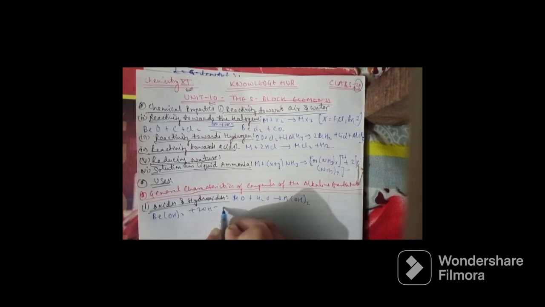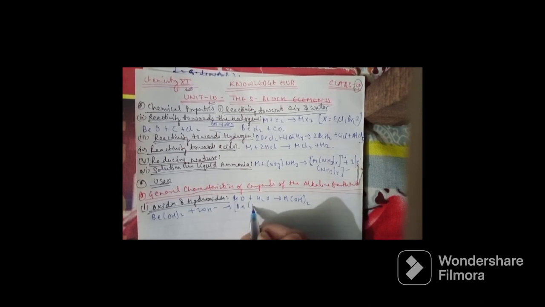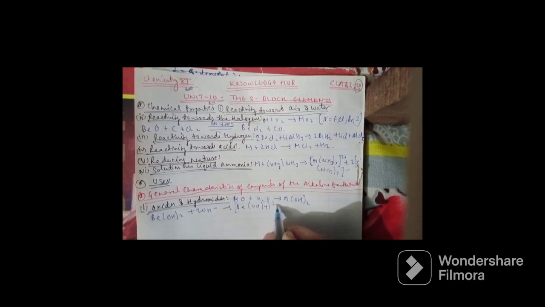So we have here Be(OH)2 plus 2OH- gives [Be(OH)4]2-. This is the beryllate ion.